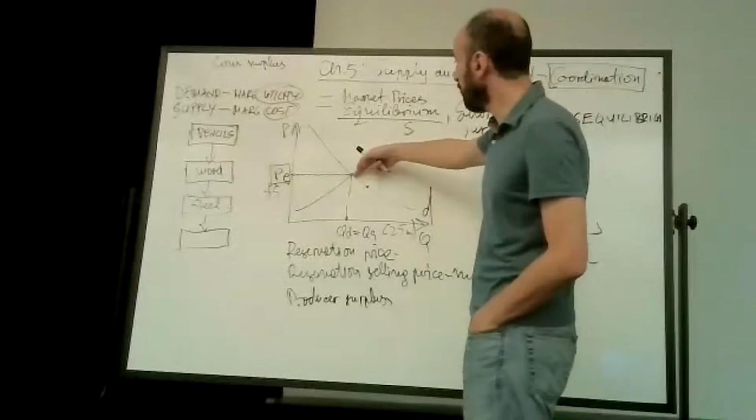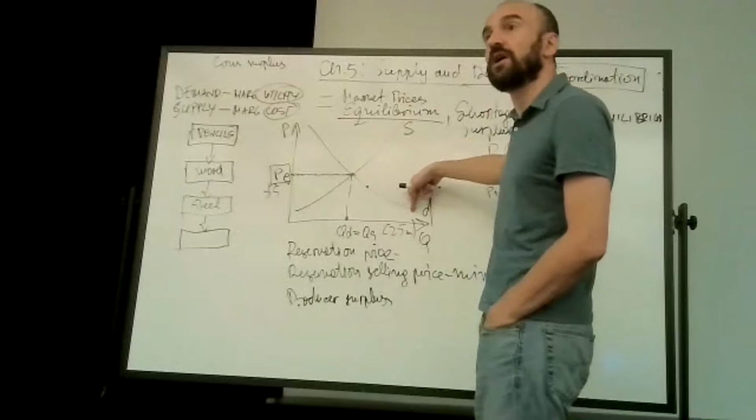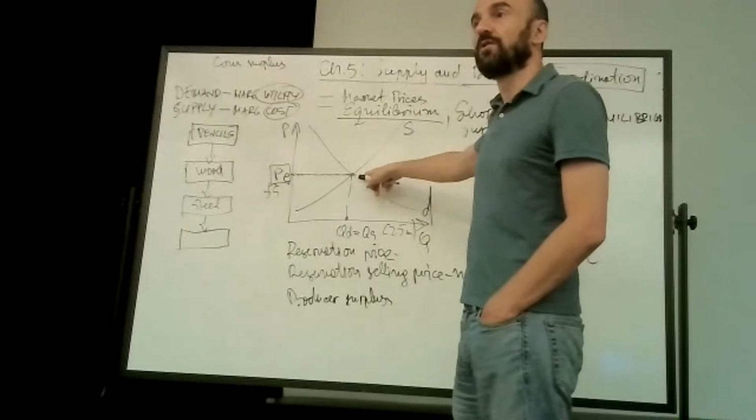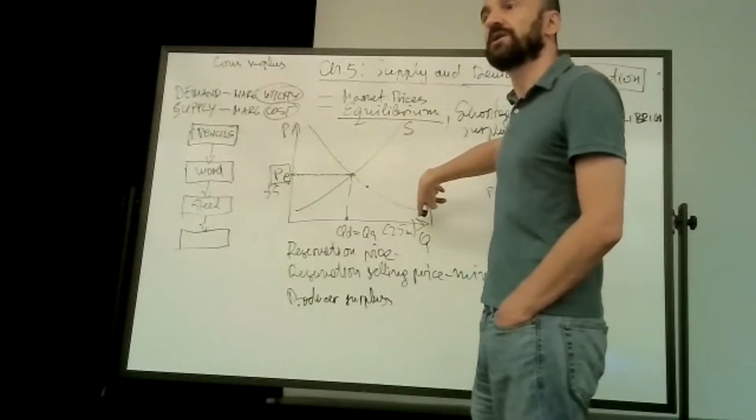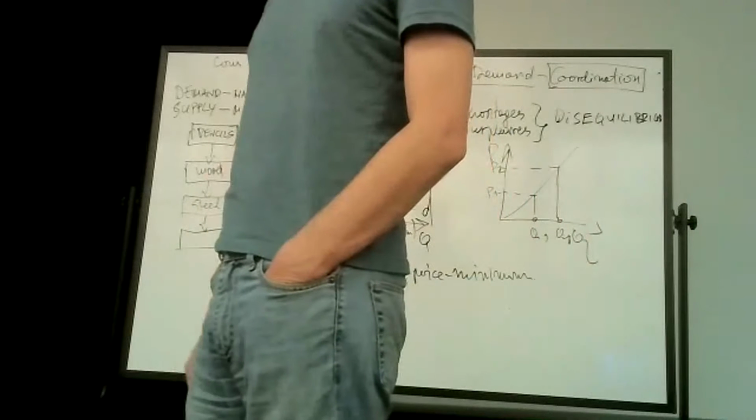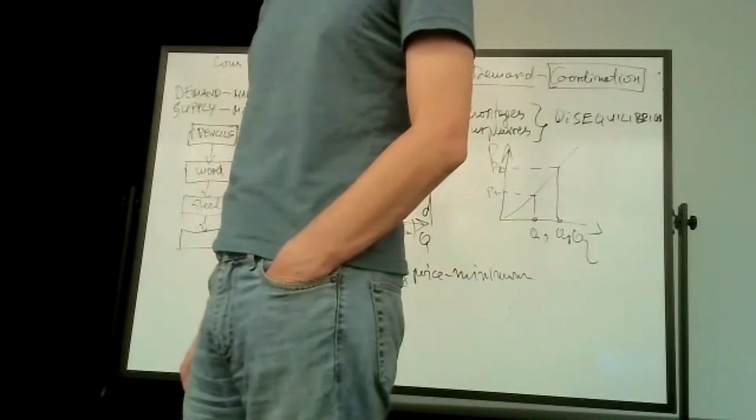No. So this entire part of the demand curve down here, where nobody is ready to pay $5 for a single unit of a product, they're outside of the market. Those are people whose maximum buying prices are lower than $5.